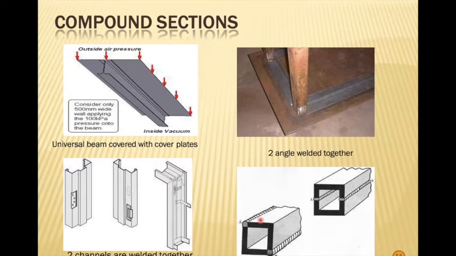Then we also have compound sections, as we have already discussed earlier. When we talk about compound sections, it means that we have our main structure connected to plates. We have examples here: a universal beam covered with cover plates, two channels welded together, and two angles welded together.